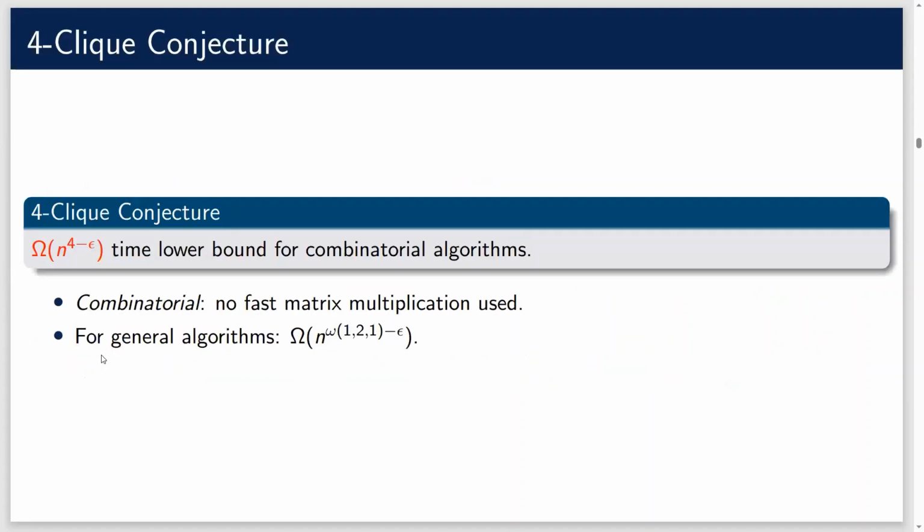The next one is the Four-Clique conjecture, and our proof is based on it, which is a popular conjecture in, I think, fine-grained complexity.